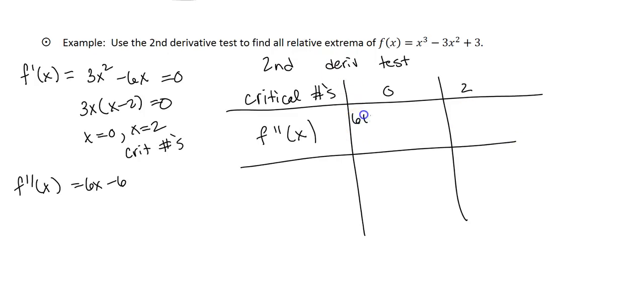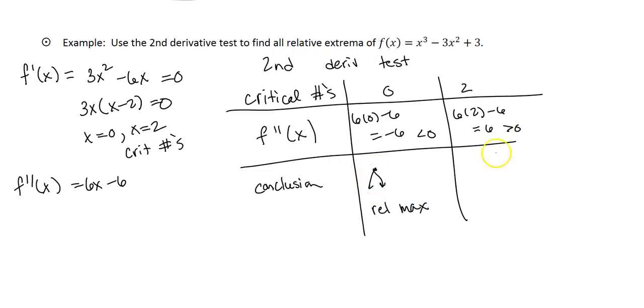So that'll be 6 times 0 minus 6, or -6, which is less than 0, and 6 times 2 minus 6, or 6, which is greater than 0. So my conclusion here, this is less than 0, it's concave downward, so that makes that a relative max. This one is concave upward because it's positive, so that makes that a relative min.